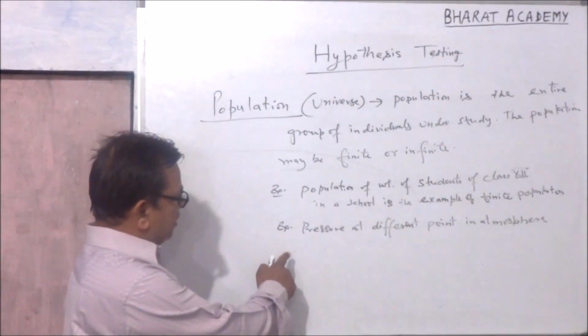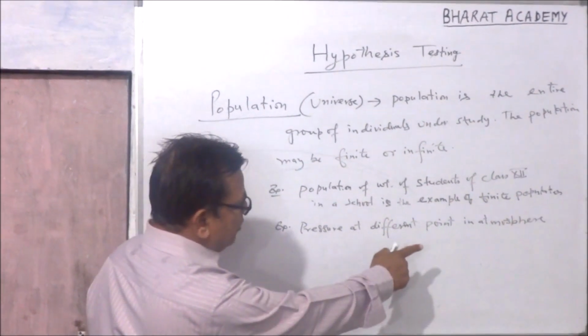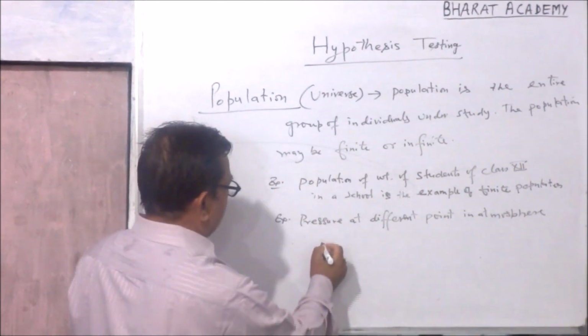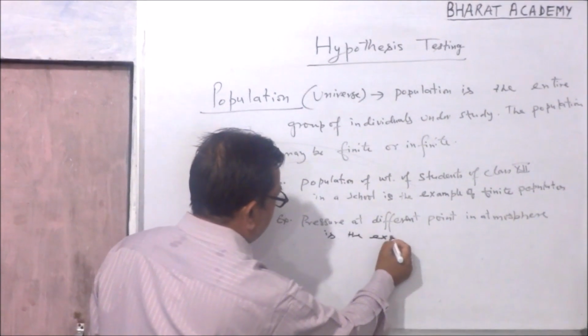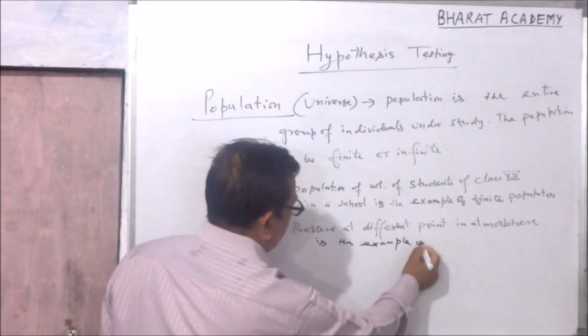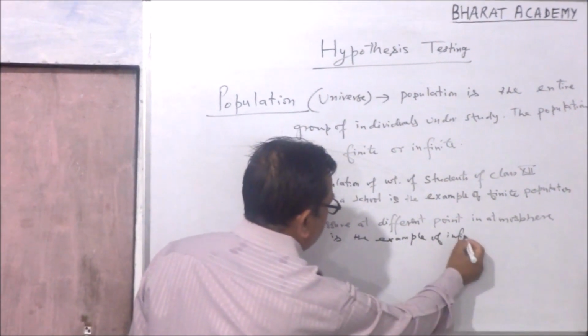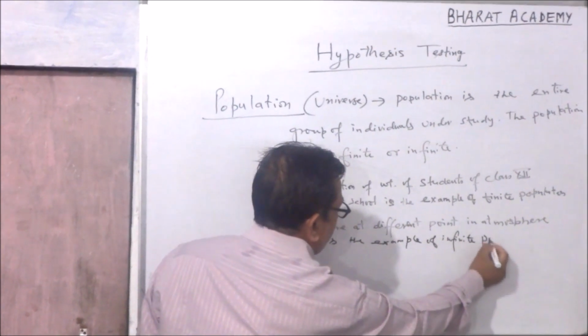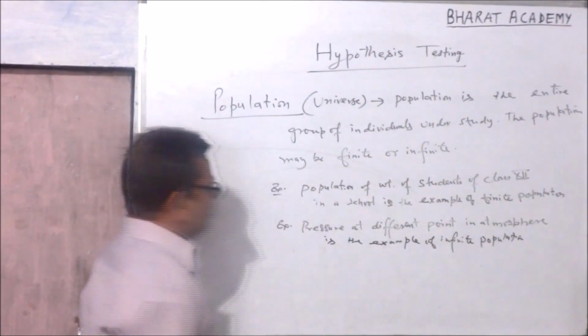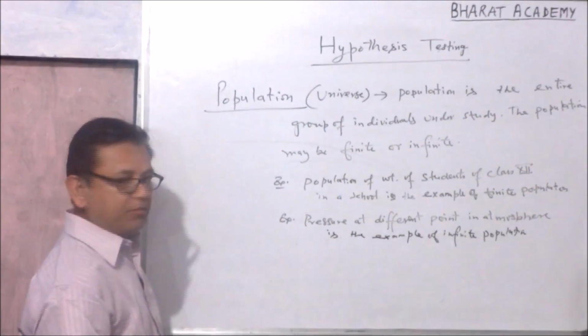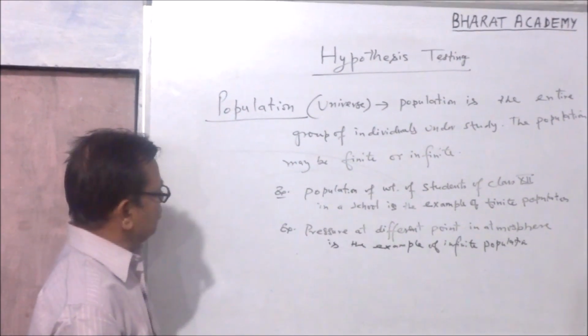Now the second example is pressure at different points in atmosphere, which is the example of infinite population, since we cannot count pressure at different points in atmosphere.